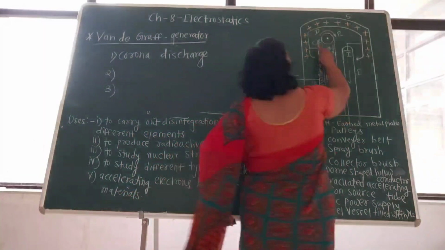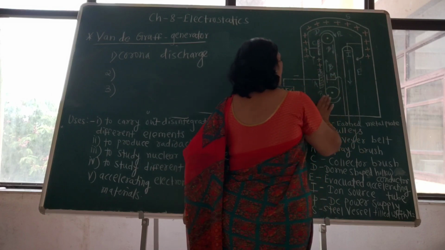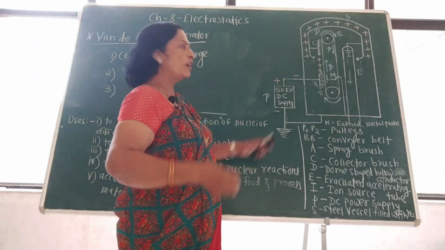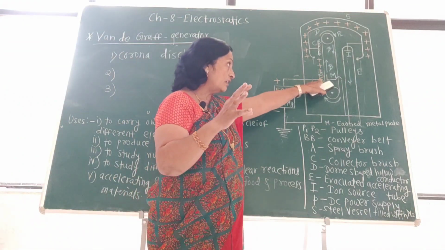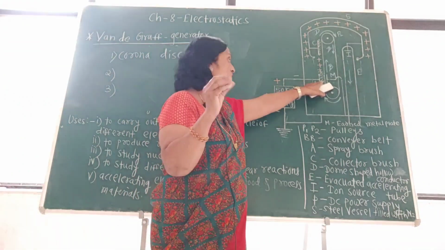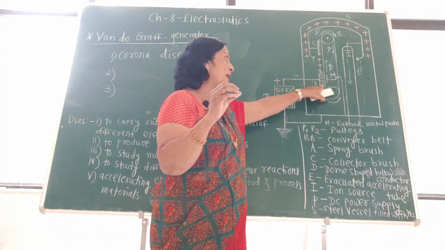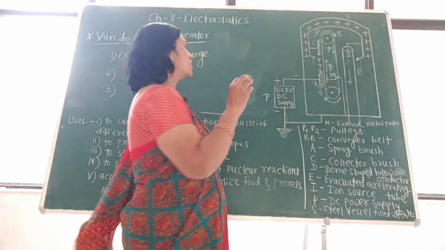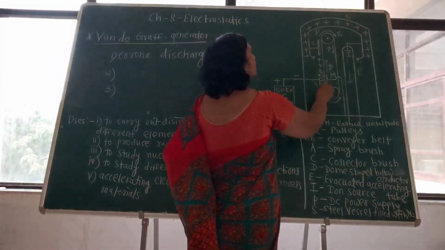Then this belt travels continuously, and these very high charges, because a pointed surface is there, that pointed wire on this spray brush, also called the emitter brush, are sprayed on this belt.